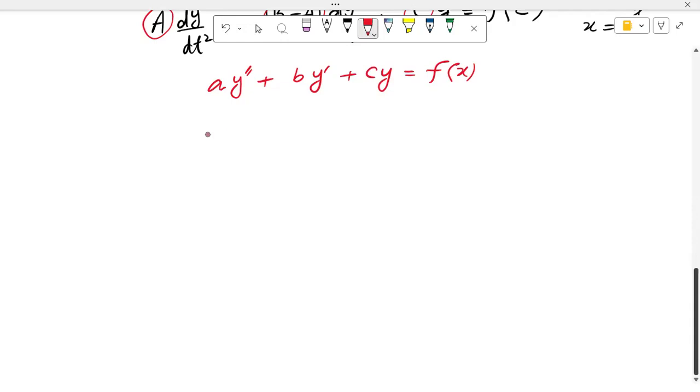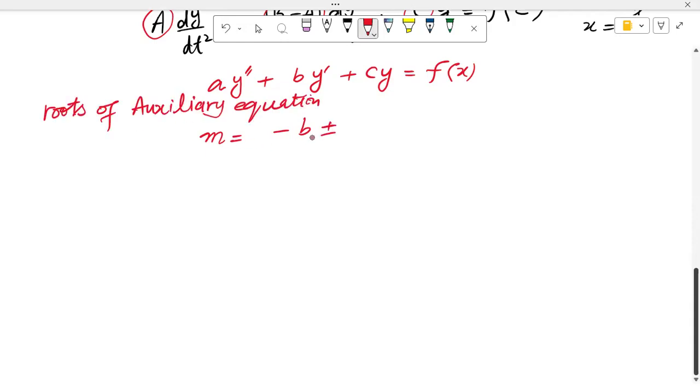And for the auxiliary equation, we can find the roots. So roots are minus b. So m equals minus b plus minus square root of b squared minus 4ac over 2a.